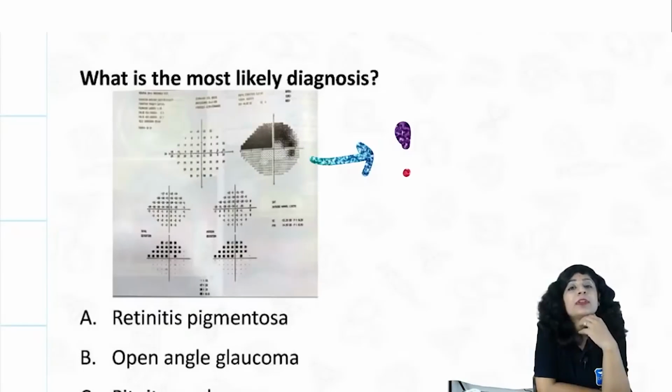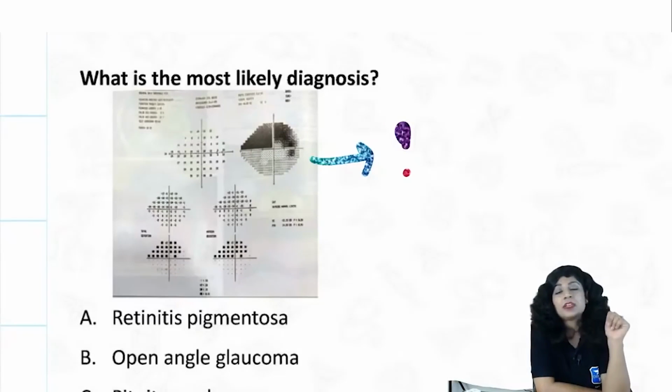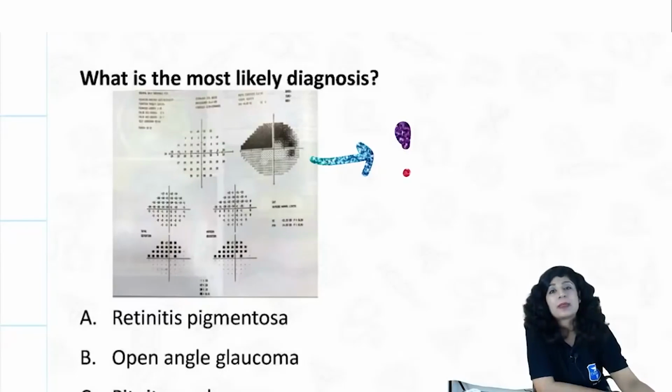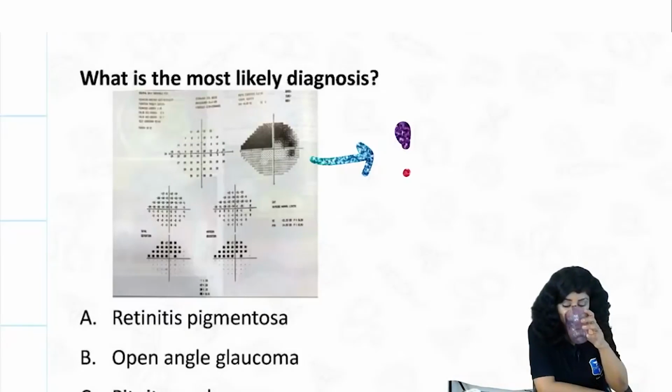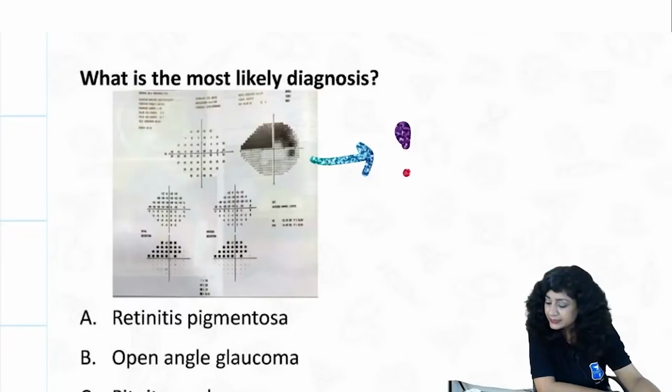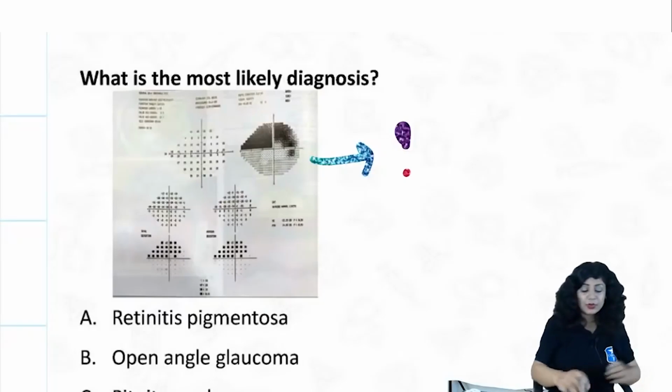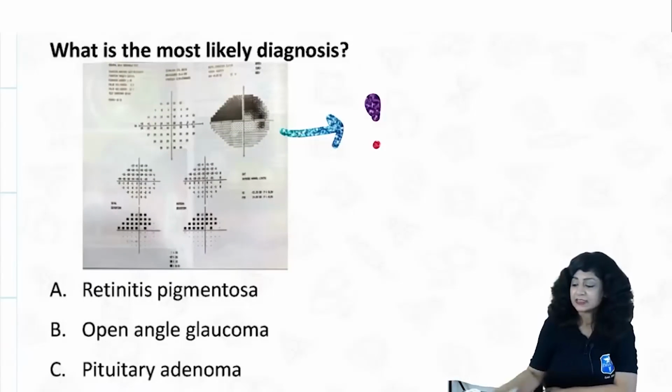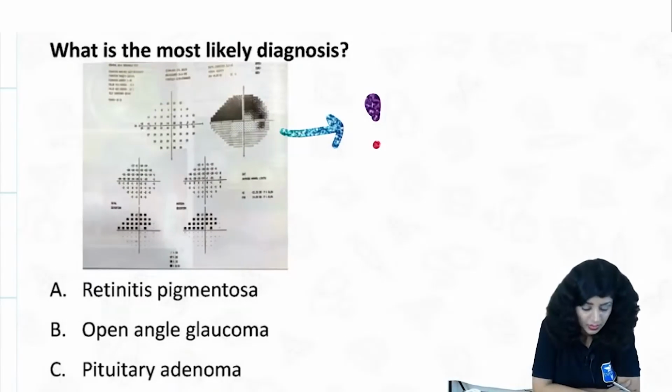There you are getting more detailed information about the different layers of the retina. So that is your spectral OCT. So who will tell what is this diagnosis here? Yes, it's a Humphrey field analyzer.